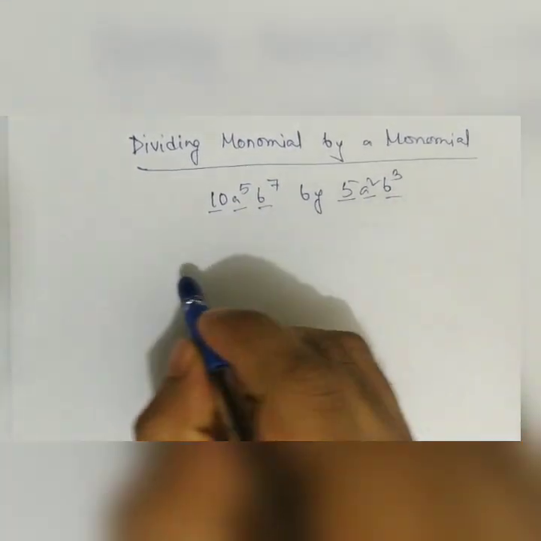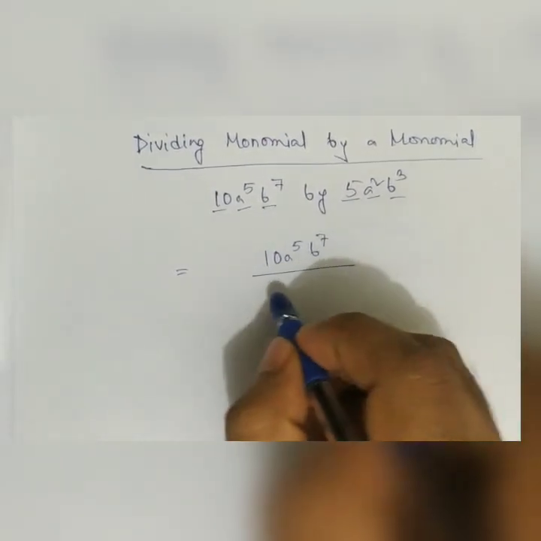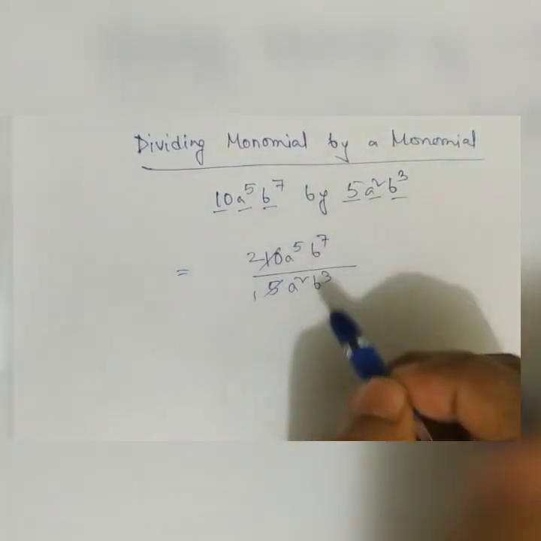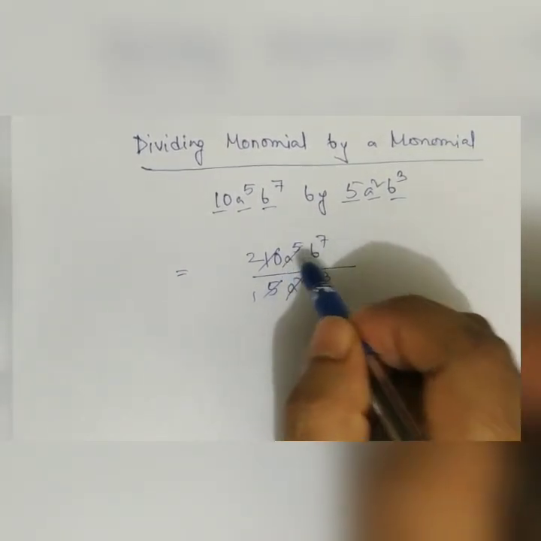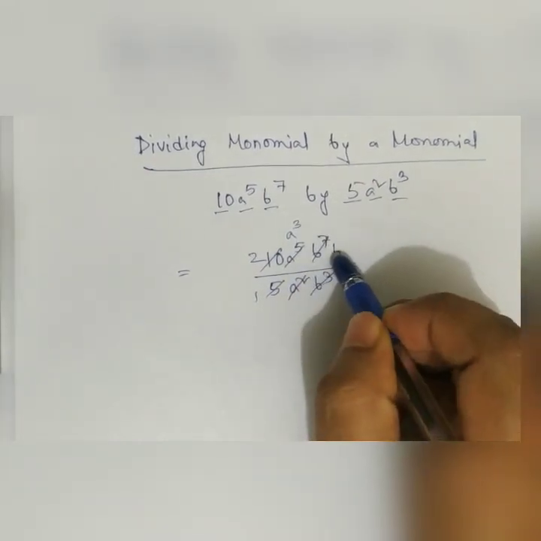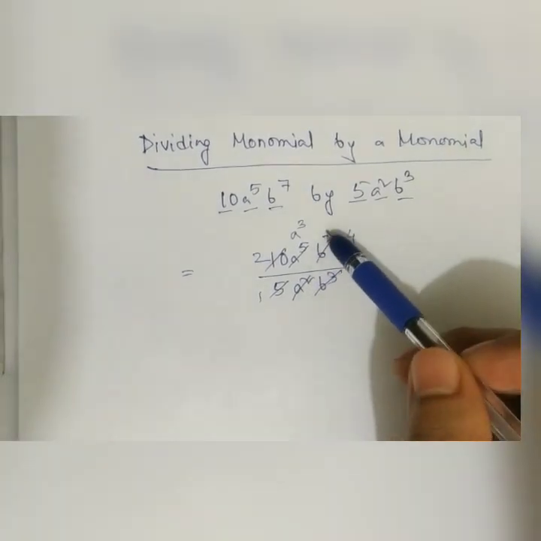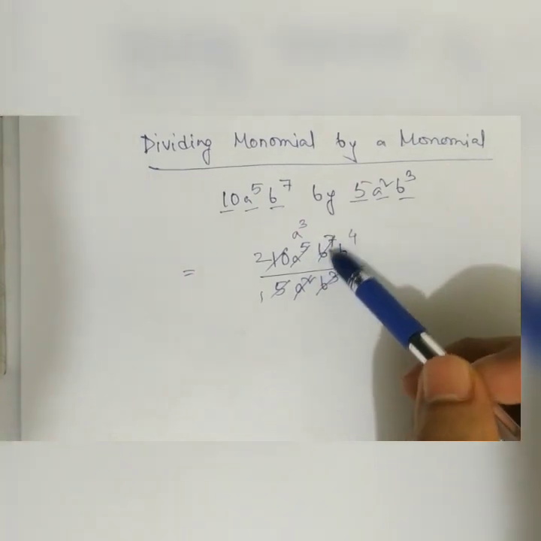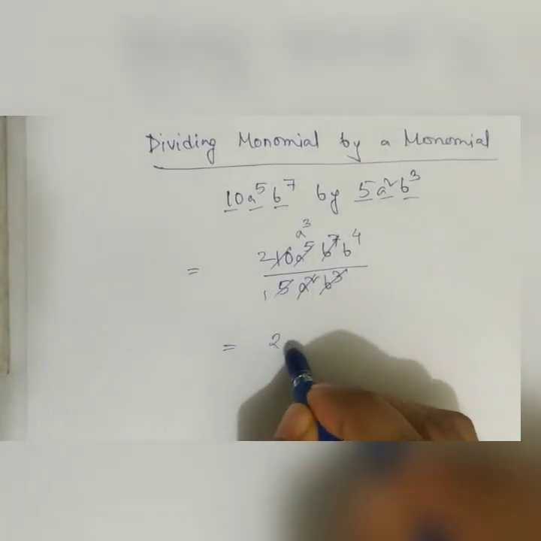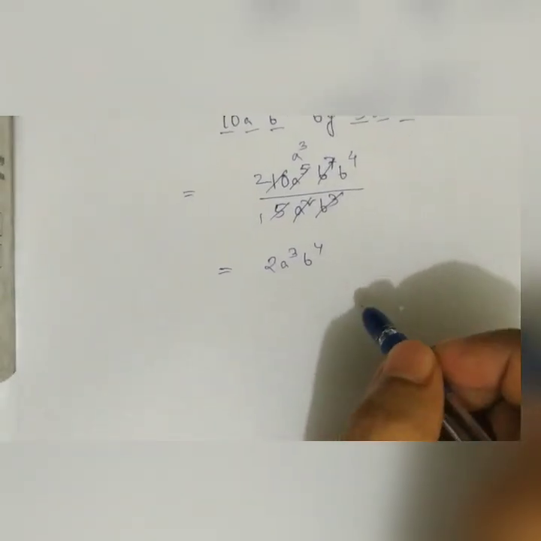So we can write 10 a to the power 5 b to the power 7 by 5 a square b cube. 5 1s are 5, 5 2s are 10. a to the 5 by a square, the power gets subtracted, so here we can write a cube. b to the 7 by b cube, here we can write b to the 4. Always remember that where the power is greater, we will write the answer over there. So what will be the answer? 2a cube b to the 4.